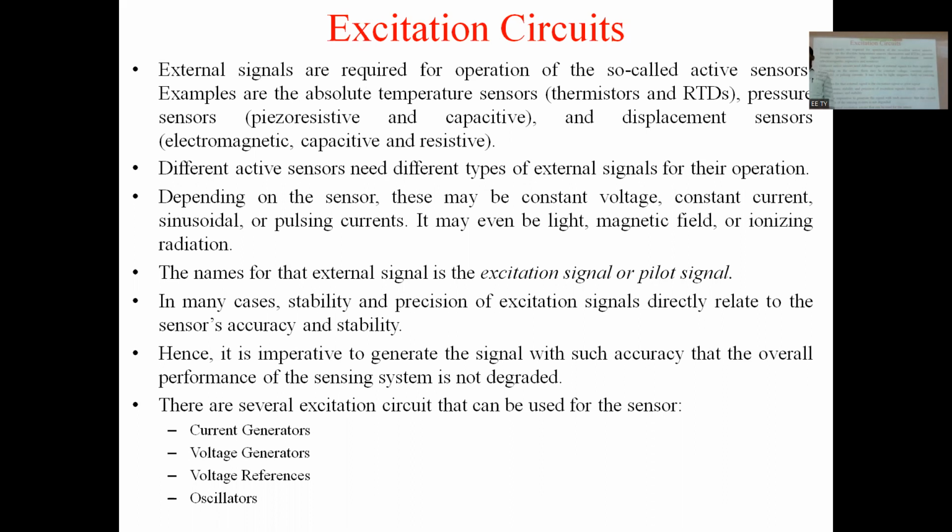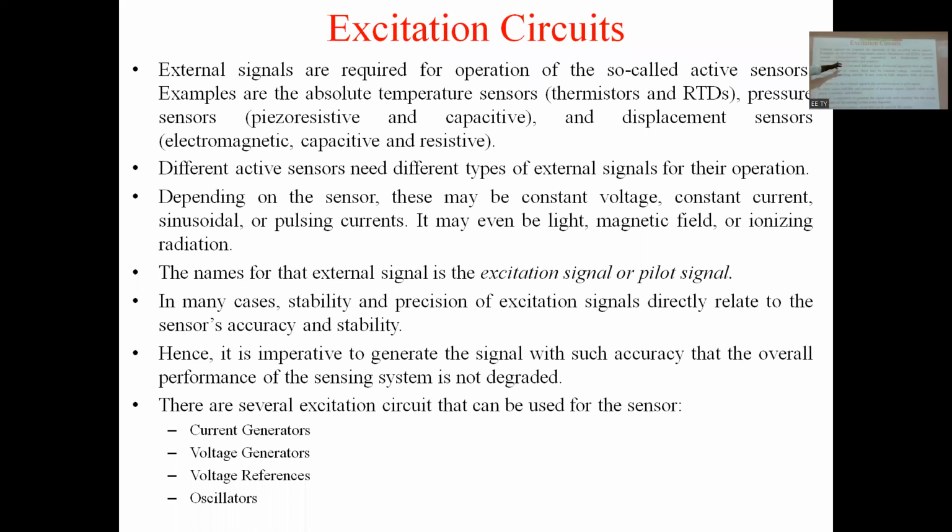According to the heat law, I square R T: I amount of current flowing through R amount of resistor for T time gives heat loss, so there is heat generation, and the RTD will sense that temperature or heat. It is excited by using a current generator or current source. Examples are the absolute temperature sensor, thermistor, and RTD.